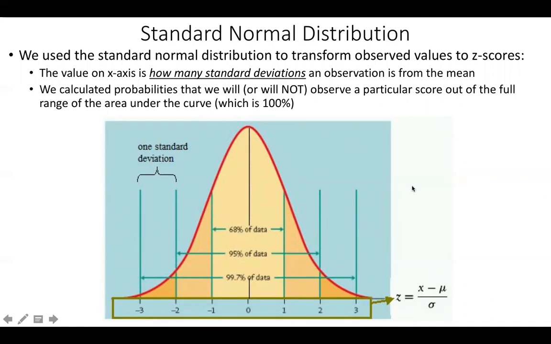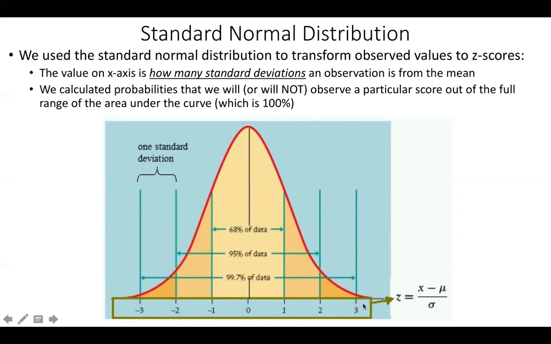Once we have that information and we know certain properties about the standard normal distribution, we can calculate probabilities that we will or will not observe a particular score out of the full range of the area under the curve. This entire area under the curve is 100%.